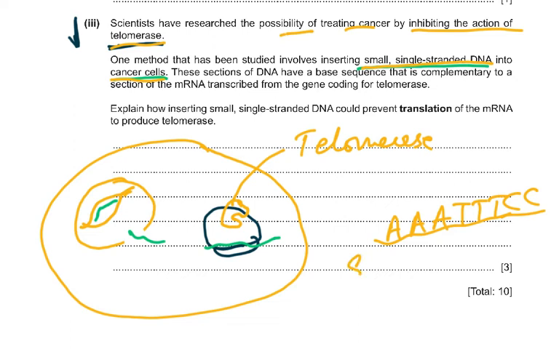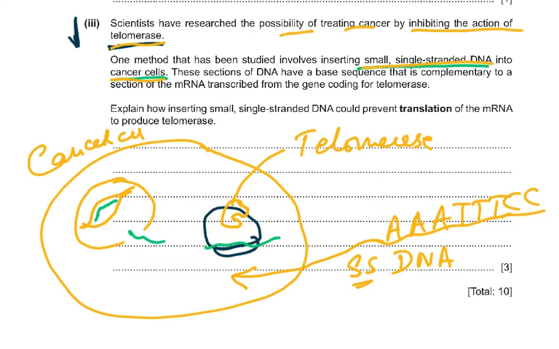Now what is this? This is ssDNA. What do I mean by ssDNA? It doesn't mean super science. It means single-stranded DNA. So I have ssDNA into the cancer cells, and I'm going to throw this. I'm going to see that somehow I get this into a cancer cell, because this was a cancer cell which I just drew. Now, when I throw this into the cancer cell, what is going to happen?